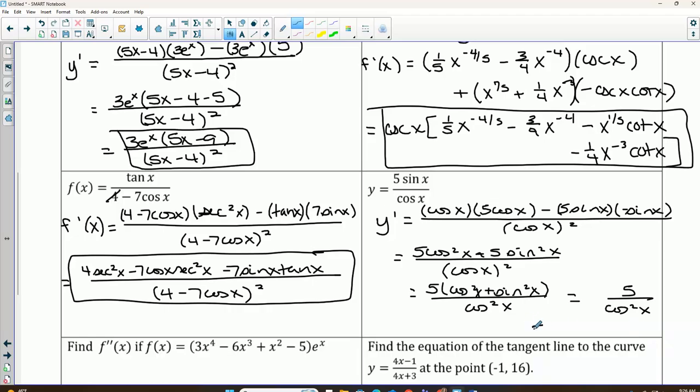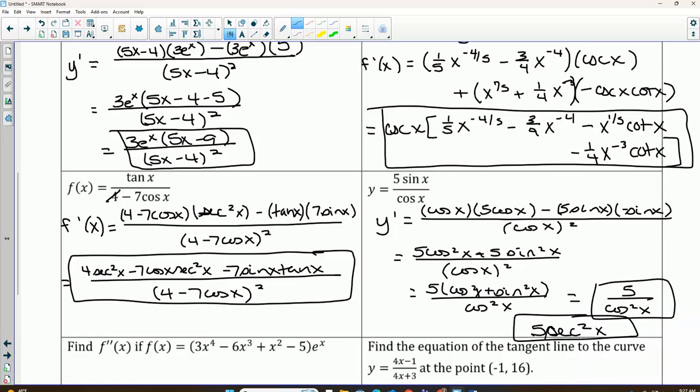Or you could even write that as 1 over cosine, the reciprocal of cosine is secant. So it could turn into 5 secant squared x. Okay, different equivalent forms. But if you see a cosine squared plus a sine squared, I do want you to turn that into a 1. I would take either of these answers.